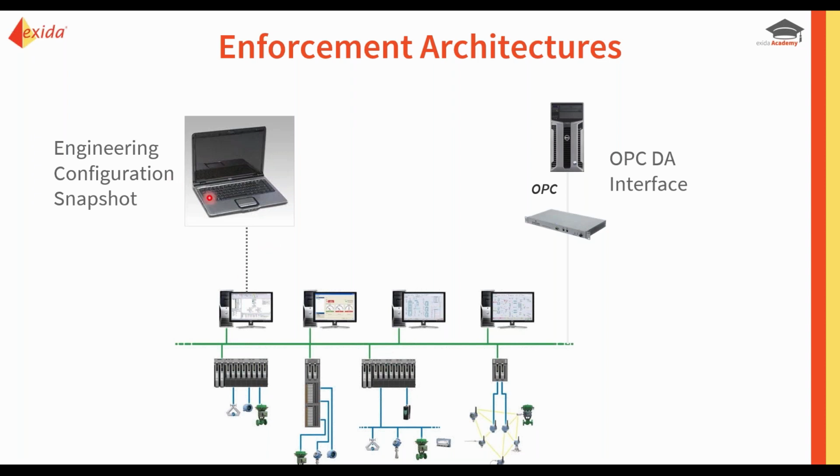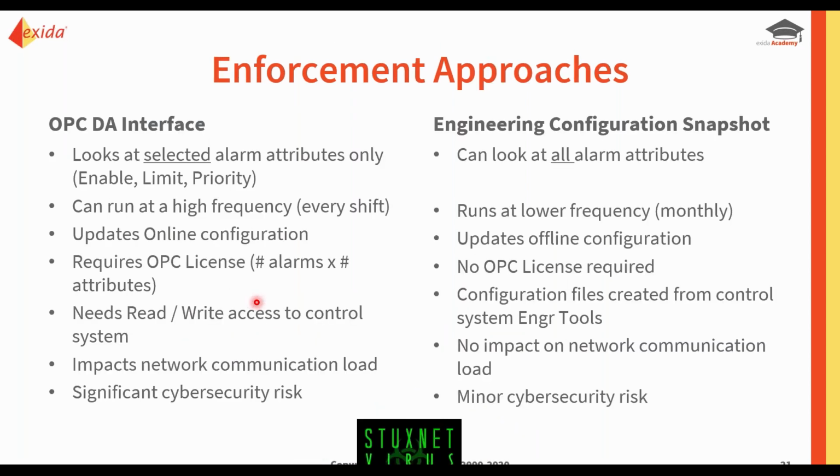The alternative approach, the engineering configuration snapshot, you don't really need to be connected continuously. You only need to theoretically connect to the engineering workstation to get a snapshot of the alarm configuration on demand when you need it. So you don't need to be connected all the time, and you wouldn't need any OPC or any need to read from or write to the running system. That would not be necessary because you're working with the offline configuration from the engineering workstation.